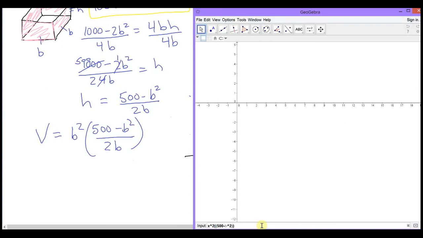Uh-oh, it didn't like that b. I better go back. It's expecting x. Divided by all of this, we'd want to put brackets around the denominator so it knows it's all in the denominator, divided by 2x. I opened 2 brackets, 3 brackets. Have I closed all my brackets? I think so. If this graphs, it should be correct.